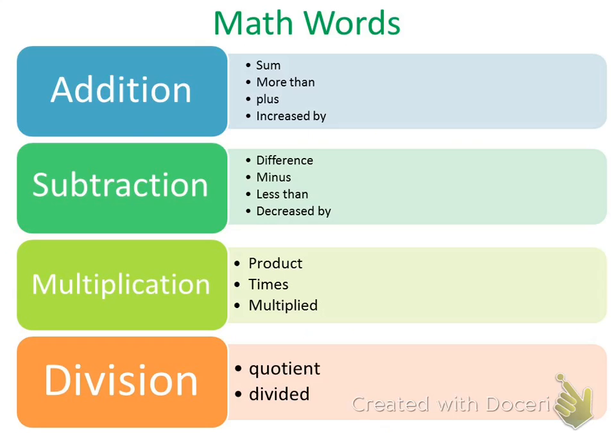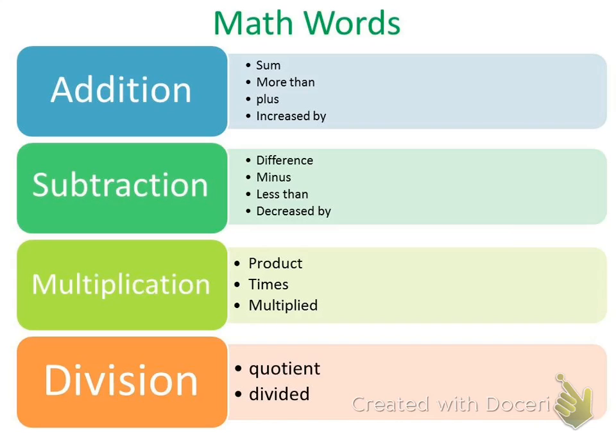Some words that symbolize addition are sum, which means the answer to an addition problem. More than, so if I were to say 2 more than 5, I would write 2 plus 5. Plus, obviously, 3 plus 6, I would write as 3 plus 6, all right? And increased by, 7 increased by 2, I would write 7 plus 2.